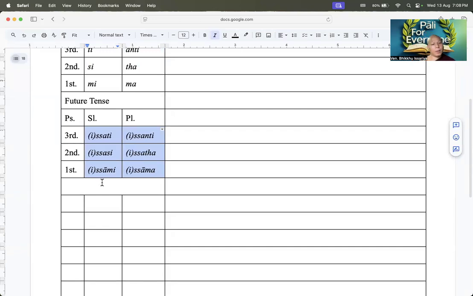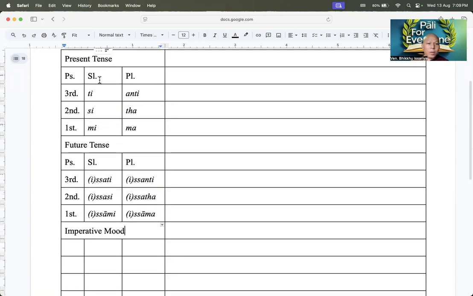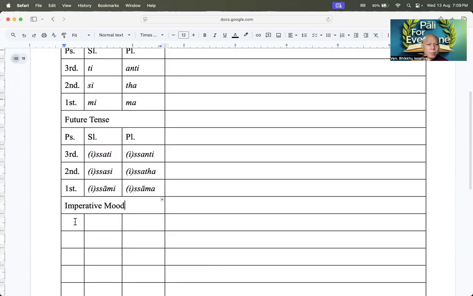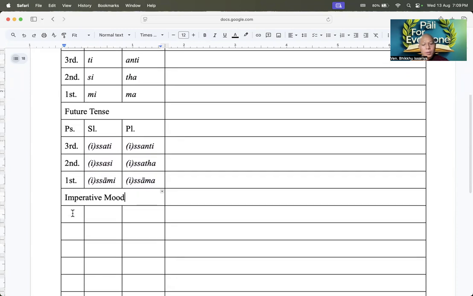Okay. And then now the imperative mood. The imperative mood also connects with the present tense imperative termination. So here this one is third person, this is singular, and this one is plural.